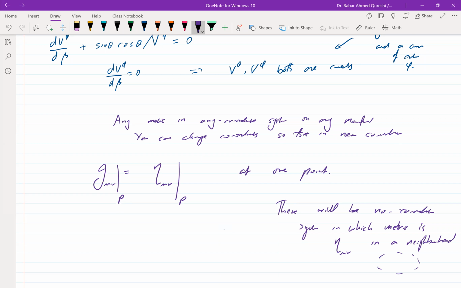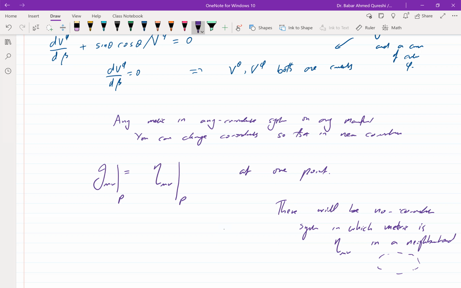You take some patch of coordinates, and your metric will not be equal to eta mu nu unless the patch is flat. But at a point, you can always do it. No matter what kind of manifold you are on, even if it's curved, at a point, your metric can always be made equal to eta mu nu.